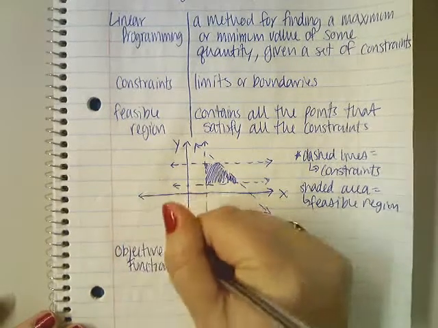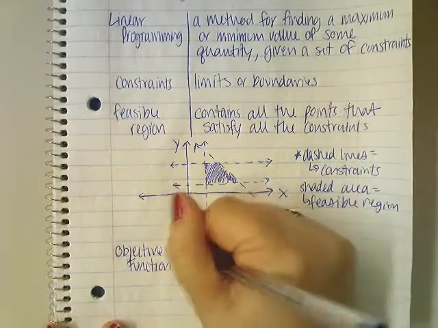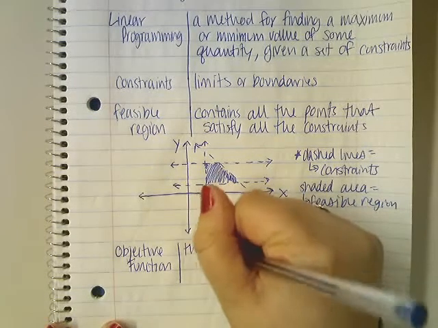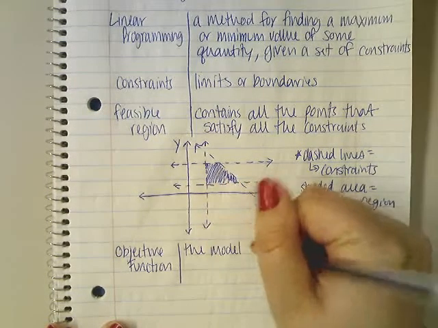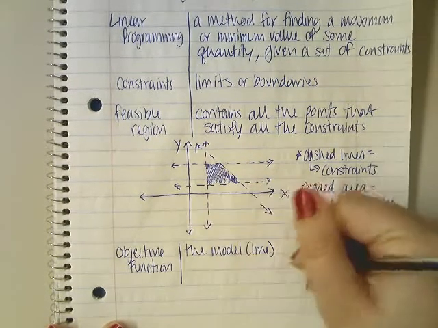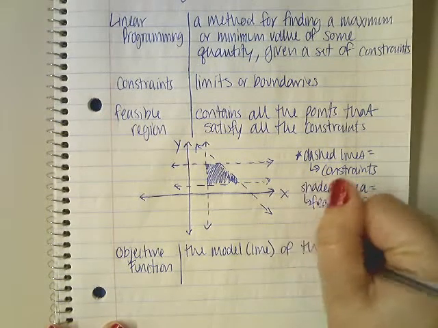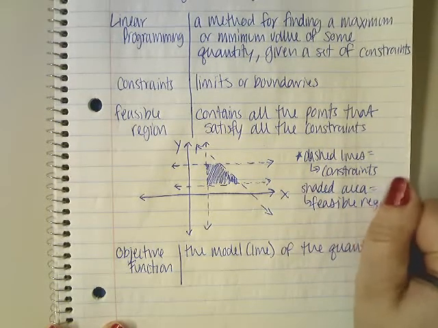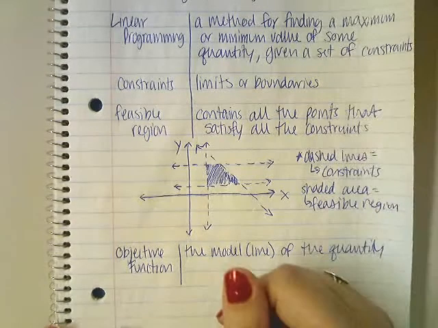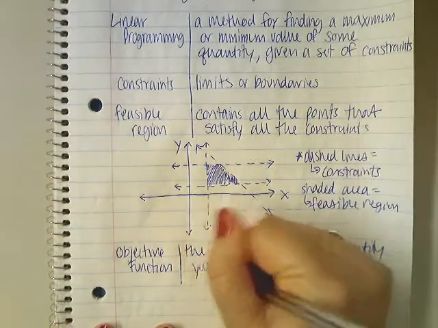We're going to use an objective function because this is going to be the model or line of the quantity you are trying to maximize or minimize.